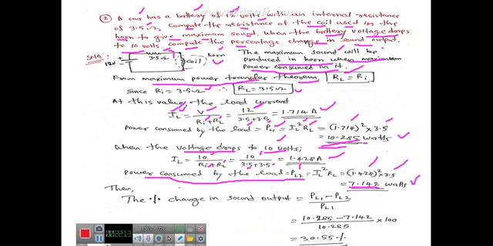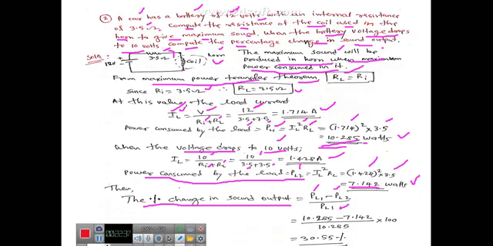So the percentage change in the sound output is equal to PL1 minus PL2 divided by PL1. PL1 is the power consumed by the resistance of the horn when the voltage is 12 volts, and PL2 is the power consumed by the resistance of the horn when the voltage drops to 10 volts, divided by PL1.